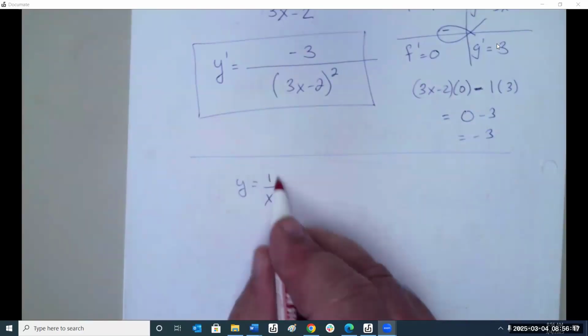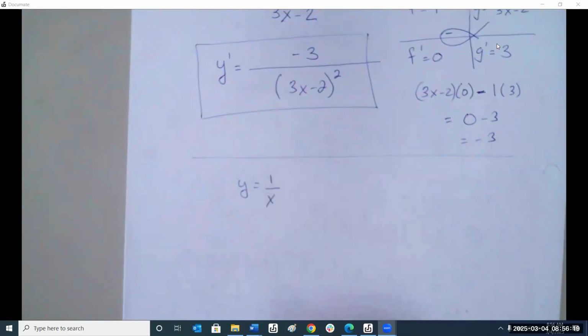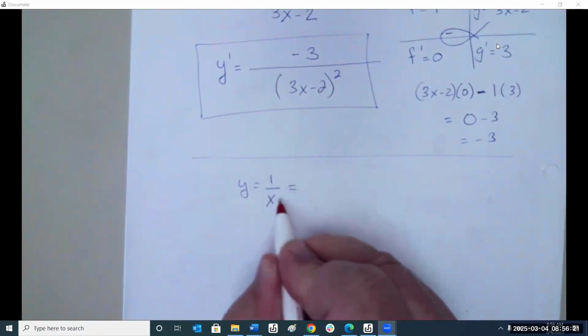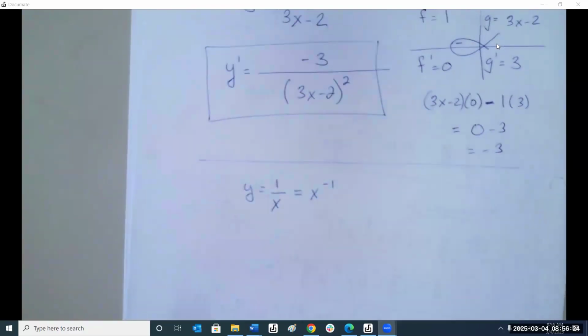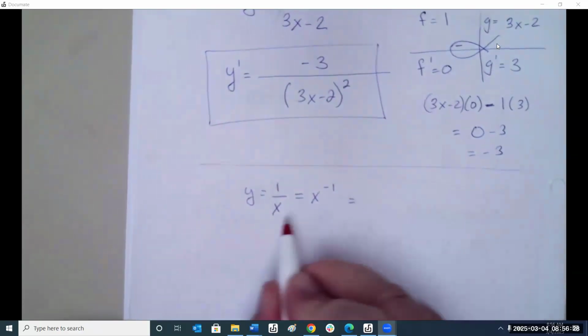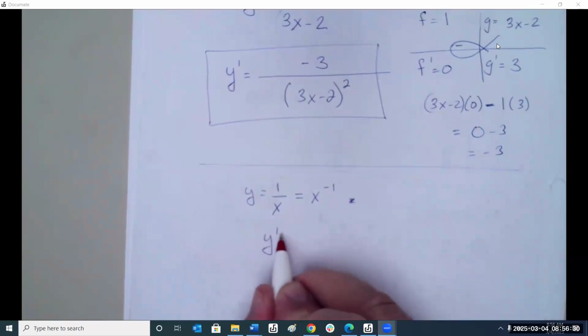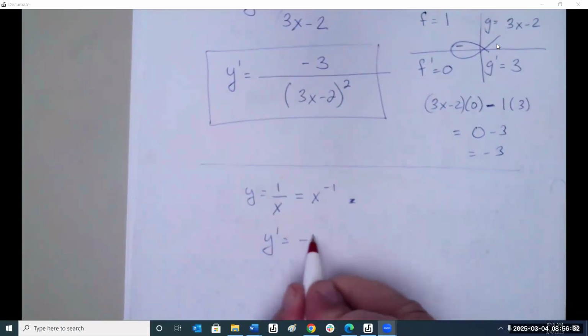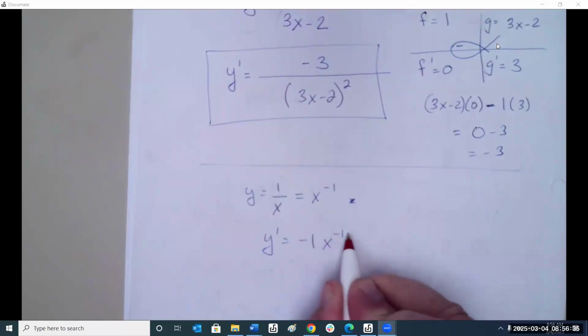What's another way of writing this equation? We can rewrite this as x to the power -1. The derivative: bring the power down and subtract 1.